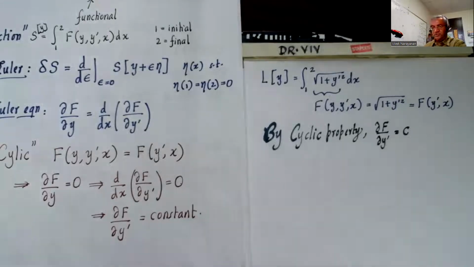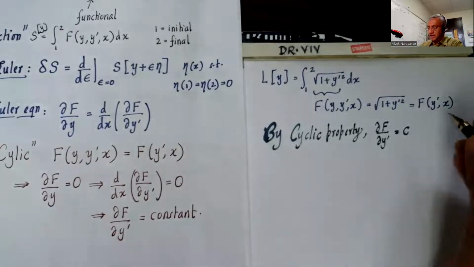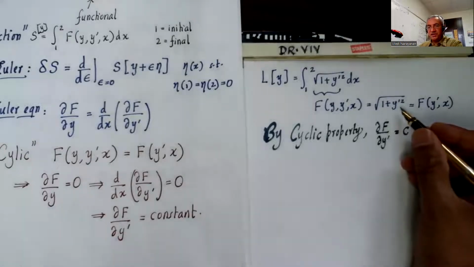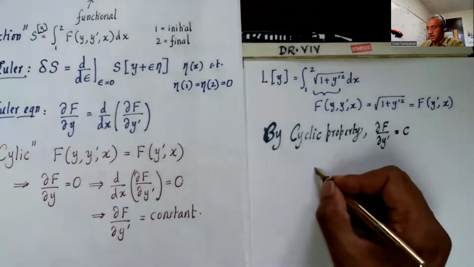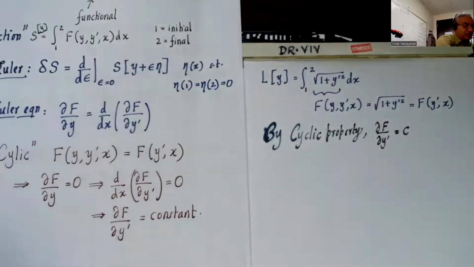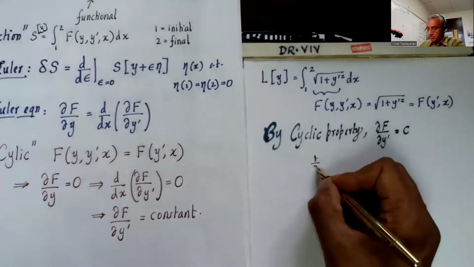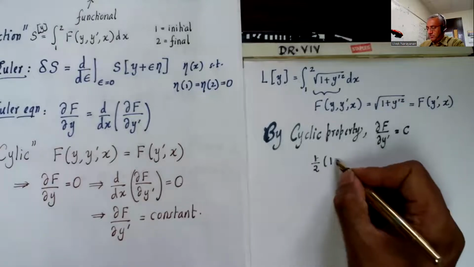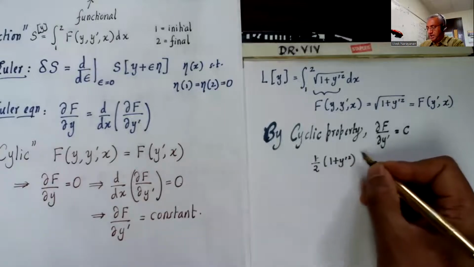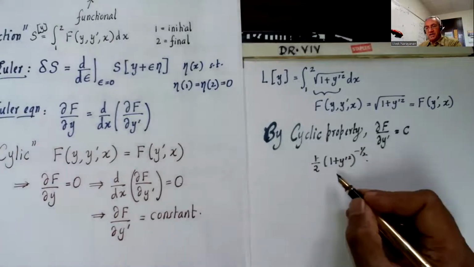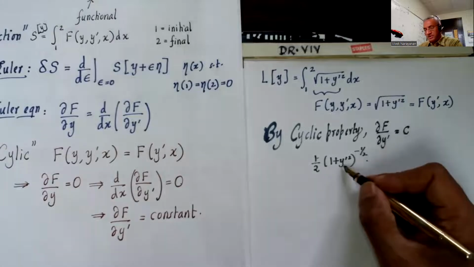It's just a constant. So I'll differentiate the object. F is just that. When I differentiate the square root function, I get 1/2 and then 1 plus y prime squared to the power minus 1/2. But then I have to use the chain rule and differentiate the inside function.